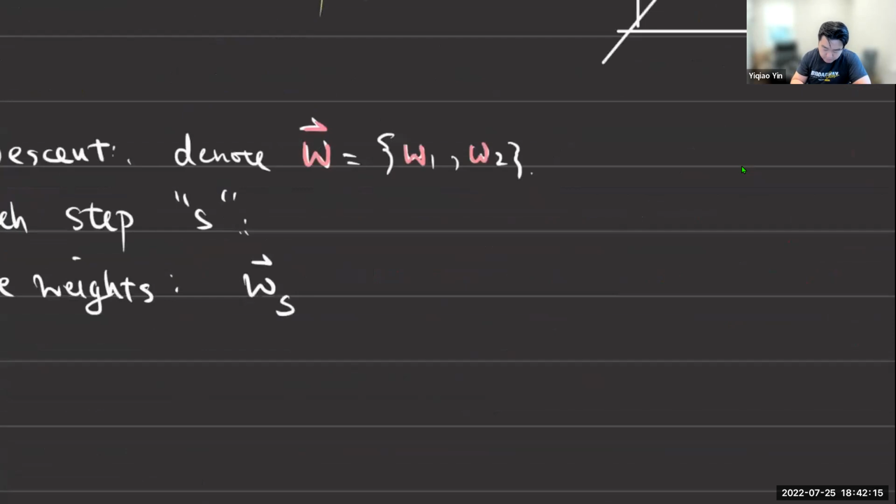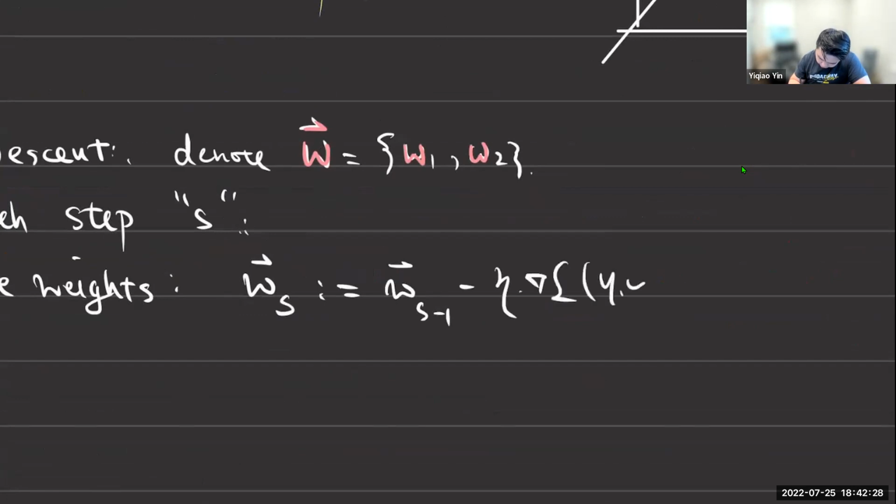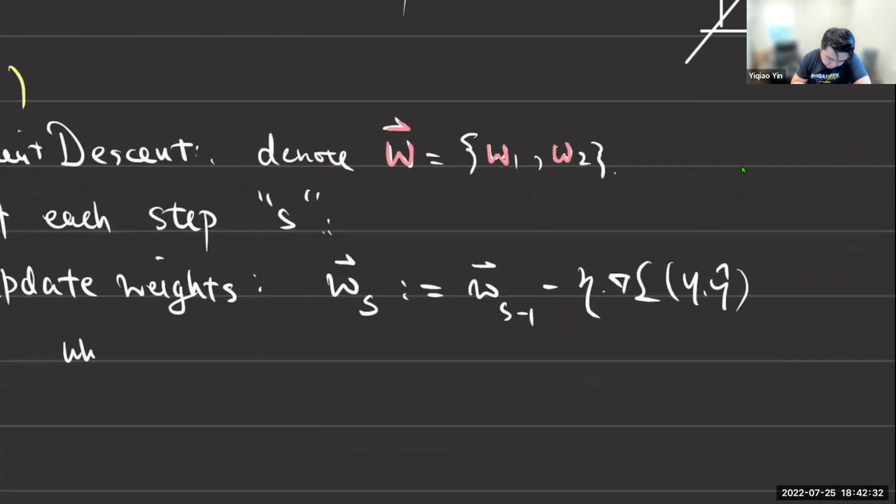So let's write that down, step s. And then this is updated by the previous position, s minus 1, and then minus eta times nabla of your loss function. So let me write it down. Where eta is equal to 0.001.